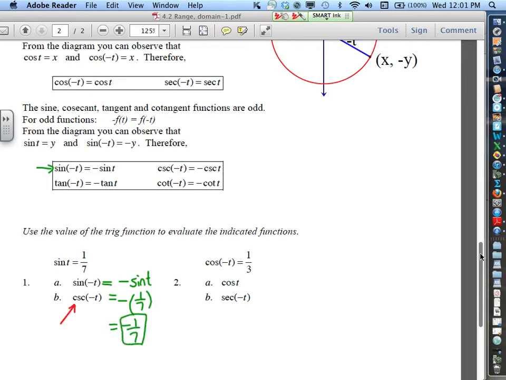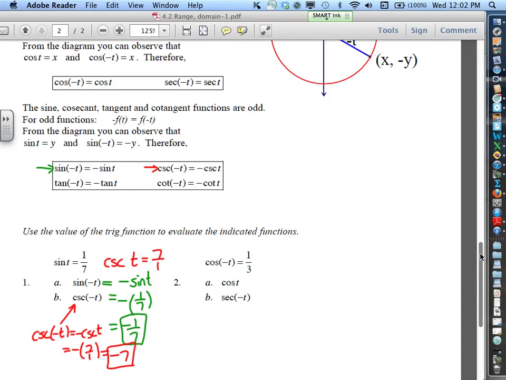Look at this one: cosecant of negative t, using this identity, equals negative cosecant t. I don't have cosecant, but I know the sine is 1 over 7, which means the cosecant would be 7 over 1. So I get negative 7.